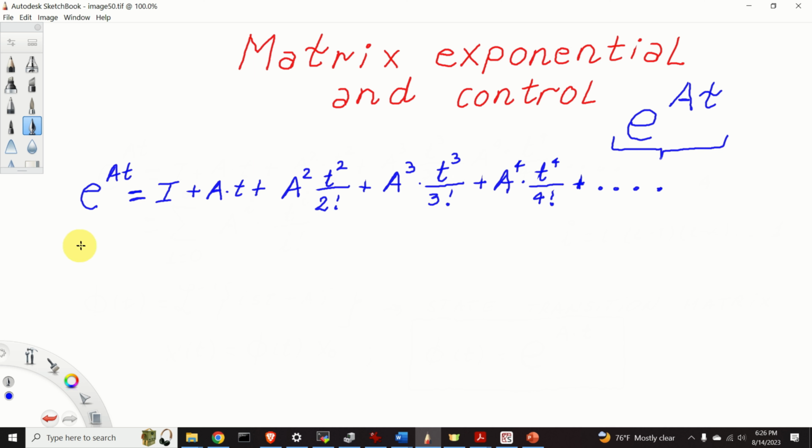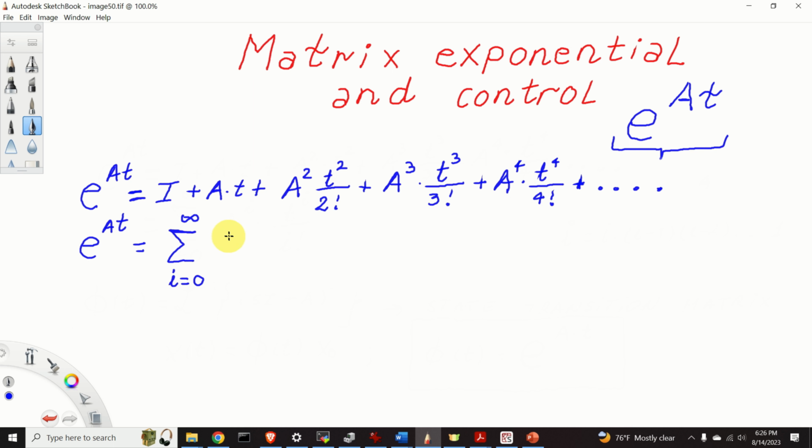We can write our matrix exponential in the compressed form as the following sum, where the index i goes from 0 to infinity. Then we have inside, you can stop here for a second and think, what is the general expression over here? It's very easy.